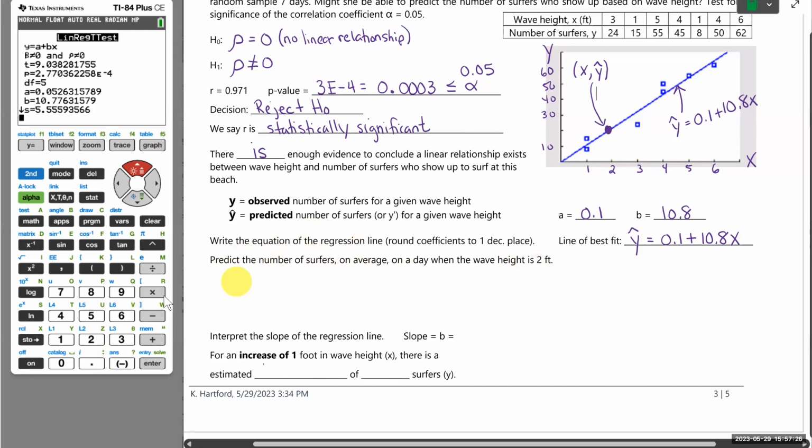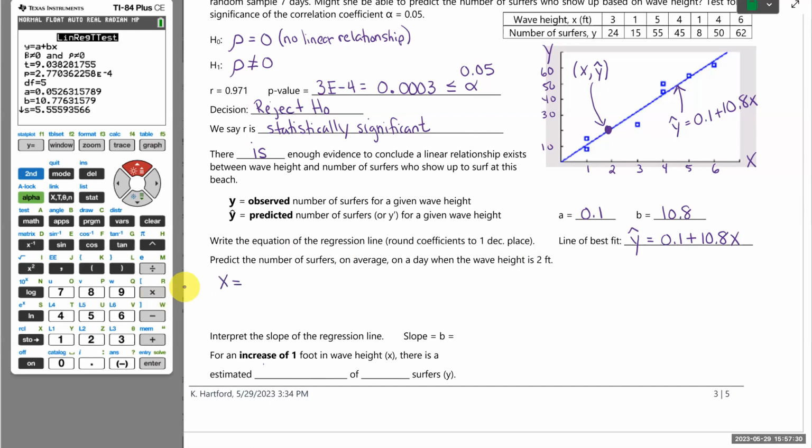So when x is 2, so x equals 2, our y hat is 0.1 plus 10.8x. So we'll substitute 0.1 plus 10.8, I'll do an asterisk for times, and then we substitute x with 2.